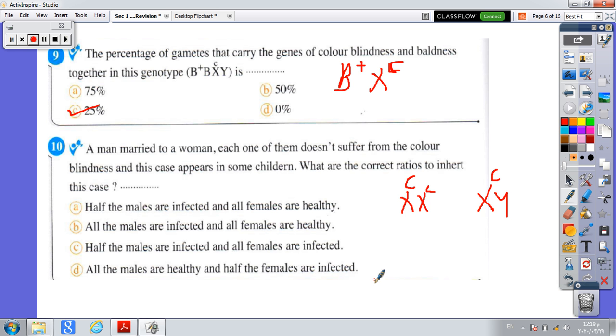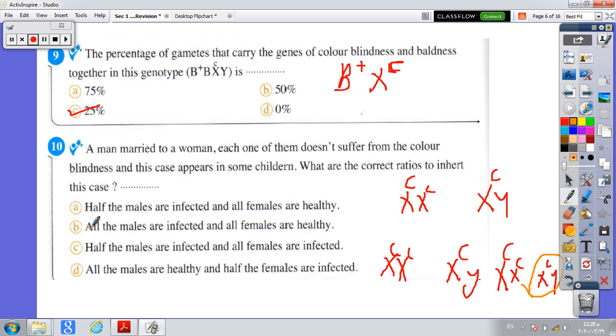They will produce 4 individuals, which may be X with C capital, or X capital Y, or X capital X small, or X small Y. This is the only infected person, which is a male, so the females don't suffer from any blindness, and half of the males suffer from color blindness.